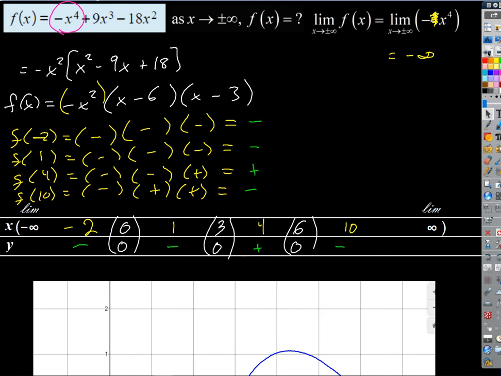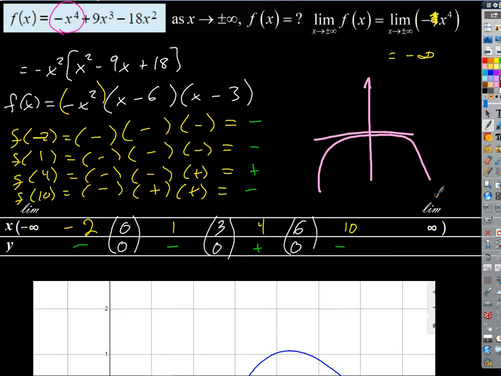We want to know what the end behavior is. For polynomials, when we're talking about very large values of x, positive or negative, and the tails of the function as x approaches positive or negative infinity, all we've got to do is look at the behavior of the leading term. Our leading term in this case was negative x to the fourth, which has end behavior that's going down to infinity in both tails.